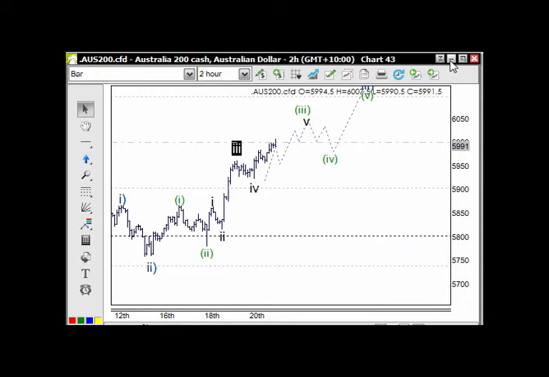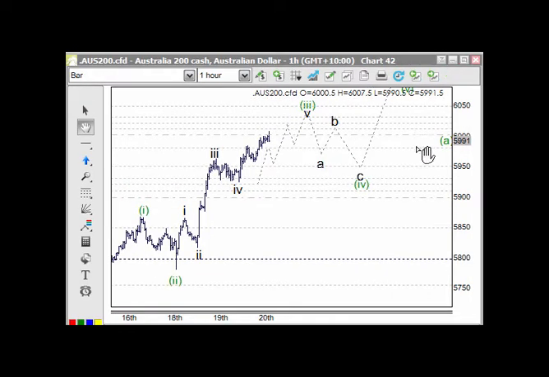So just looking at that coming into this chart here, we can see from wave 2 we've got 1, 2, 3, 4, and then we're looking a bit closer at these little 5 waves here. Now of course the US markets and European markets were up firmly.